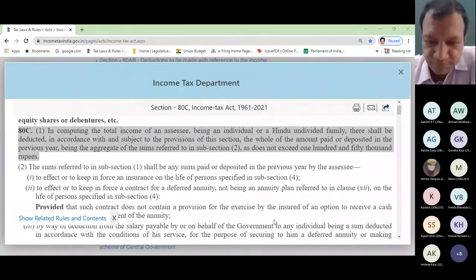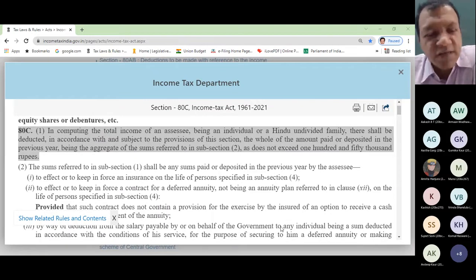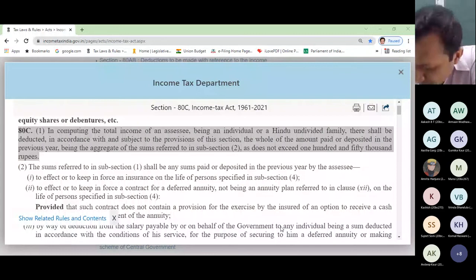Then other relevant point. Sir, the sums referred to in subsection 1 are explained in subsection 2. Yeah, that is an easy point, that the act is telling me what type of savings qualify.